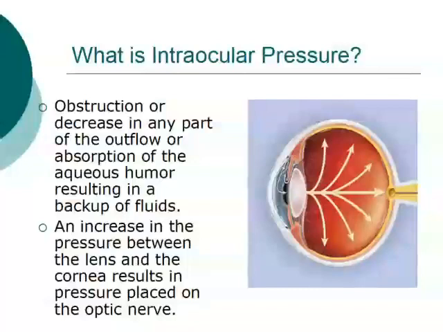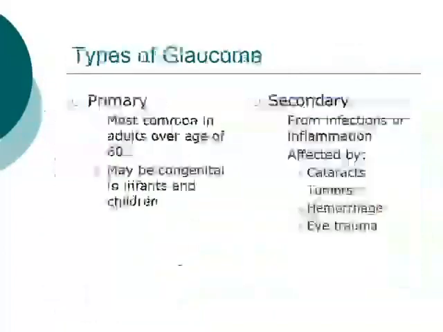The problems occur when for some reason those canals are not a 45-degree opening or larger and the extra aqueous humor cannot drain out, so it builds up pressure within the eye, and then that's what leads to the pressure on the optic nerve and potential blindness and those types of things. Normal intraocular pressure is between 10 and 21 millimeters of mercury.